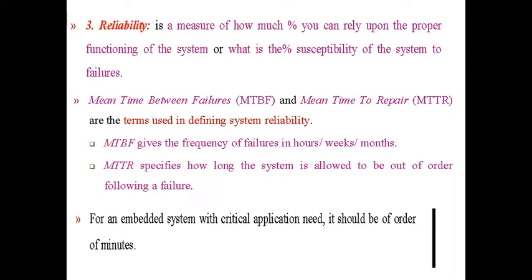Mean time between failures is a frequency: how many times a failure happens in an hour, in a week, or in a month. Whereas mean time to repair is how long the system is allowed to be out of order following a failure. For an embedded system with a critical application need, it should be minimal.